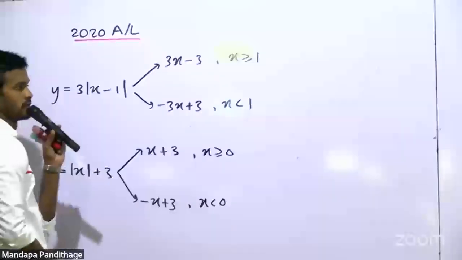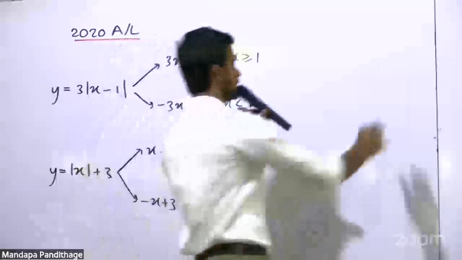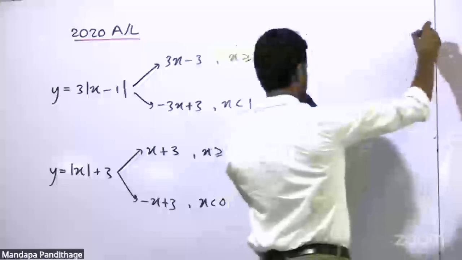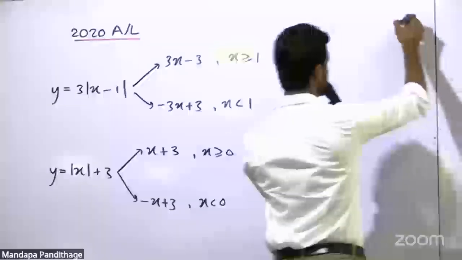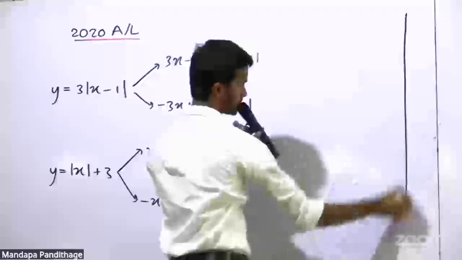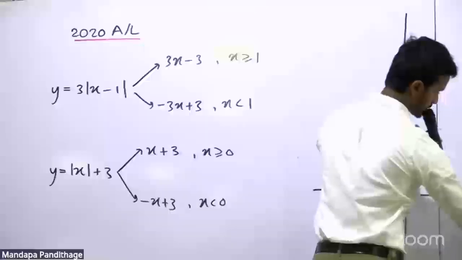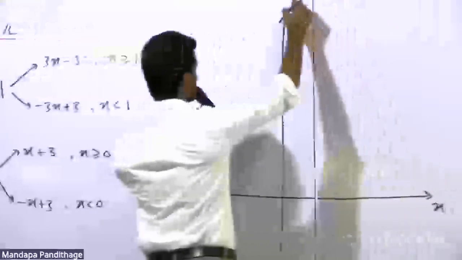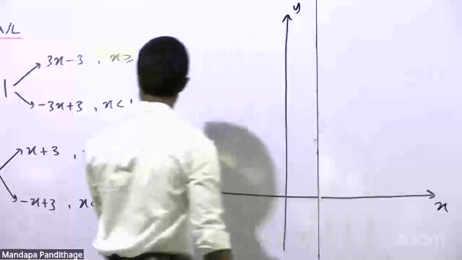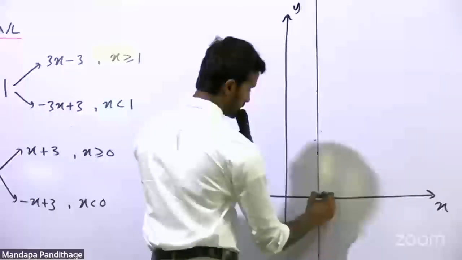So first what I want you to do is sketch the two graphs on the same diagram. The first one is the modulus, this one. The turning point is x equals 1.